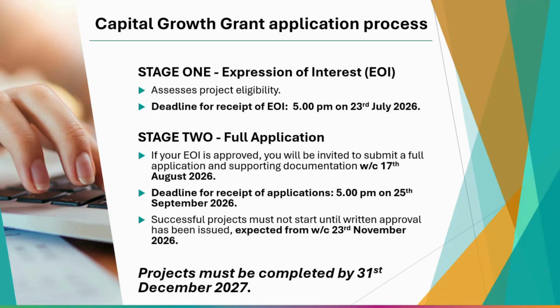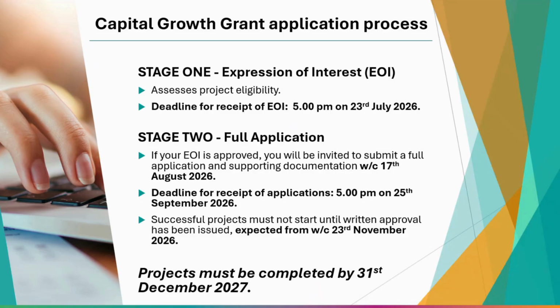So with regards to the Capital Growth Grant application process, the timeline is as follows. Stage one is the expression of interest, there to assess the project's eligibility. The deadline for receipt of this is 5 p.m. on the 23rd of July, and the expression of interest opens on the 1st of July 2026.